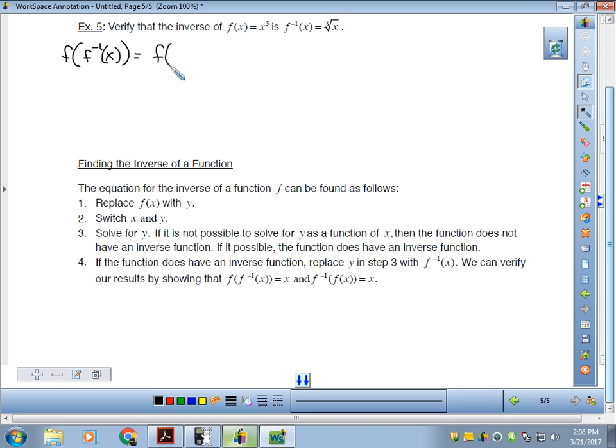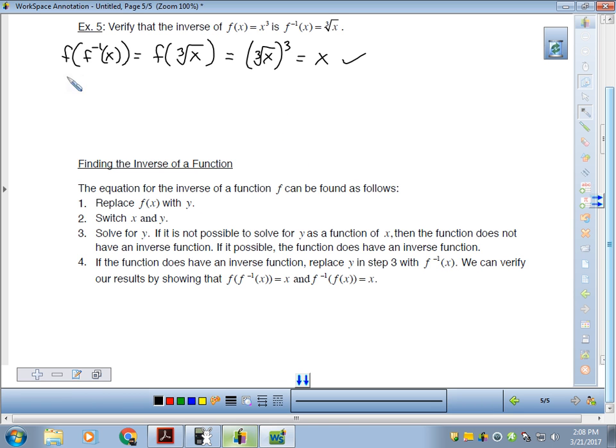Our f inverse equation is the cube root of x. So we're taking the cube root of x and plugging it into the f function, for this x, so we have the cube root of x getting cubed. What happens with a cube root and a cube? They cancel out, and so we just get x.